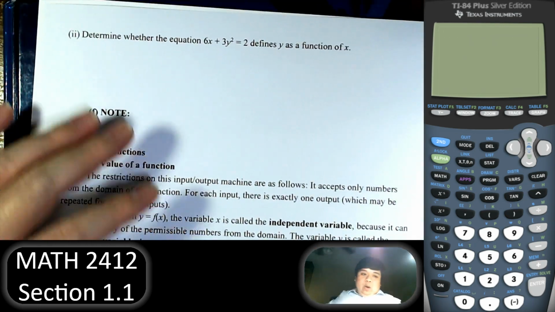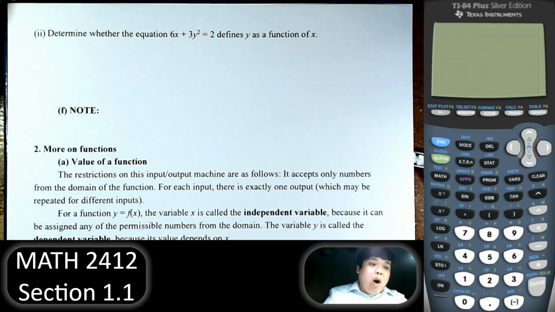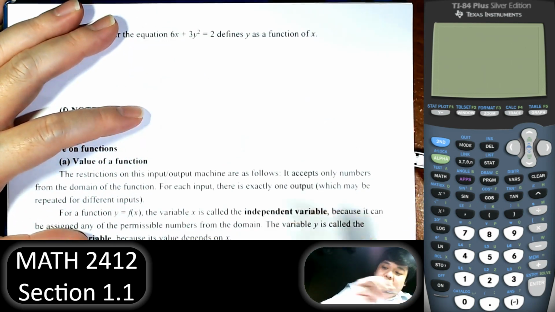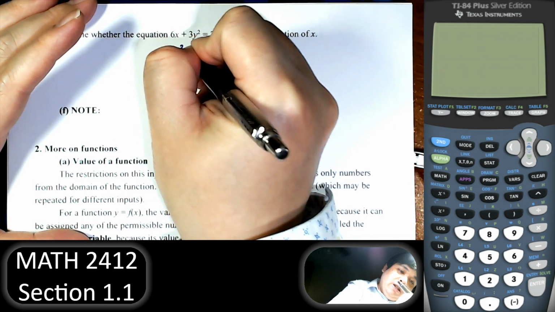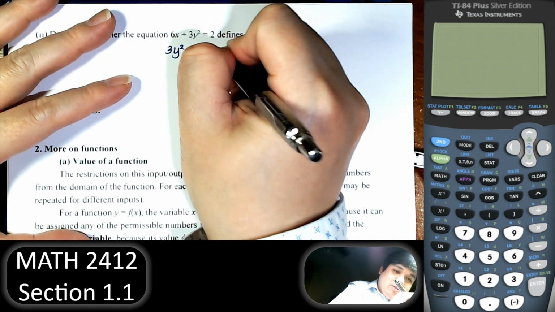Determine whether this equation defines y as a function of x. Now, let's try to solve for y and see what happens. First of all, we can subtract 6x to the other side, right? So 3y squared equals, moving the 6x over, -6x plus 2.